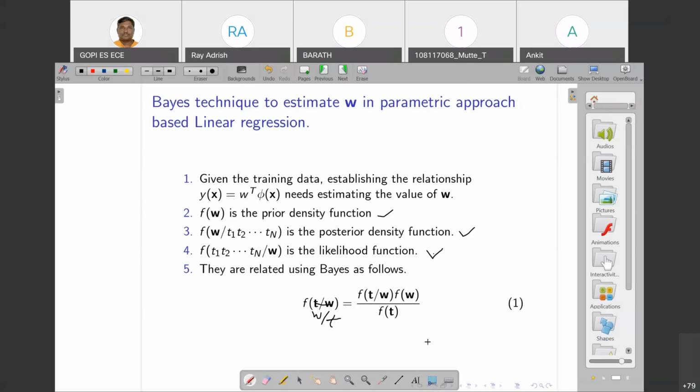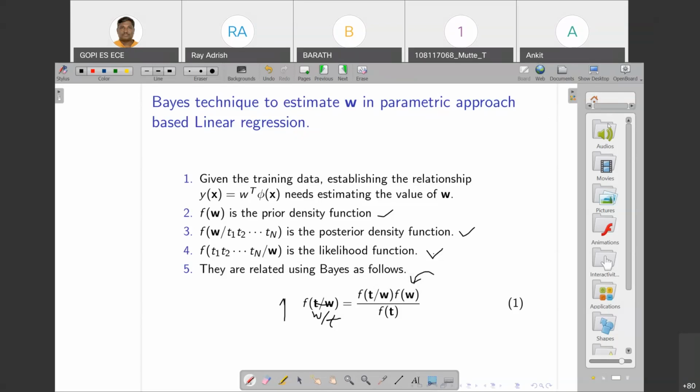And we look for maximizing this posterior density function, which is basically the MAP, which is equivalently maximizing what is there in the right hand side. The denominator f of T doesn't have W in it, so it does not play a role in maximizing. In the numerator, we have f of W also, the prior density function. So we have two approaches in solving this.